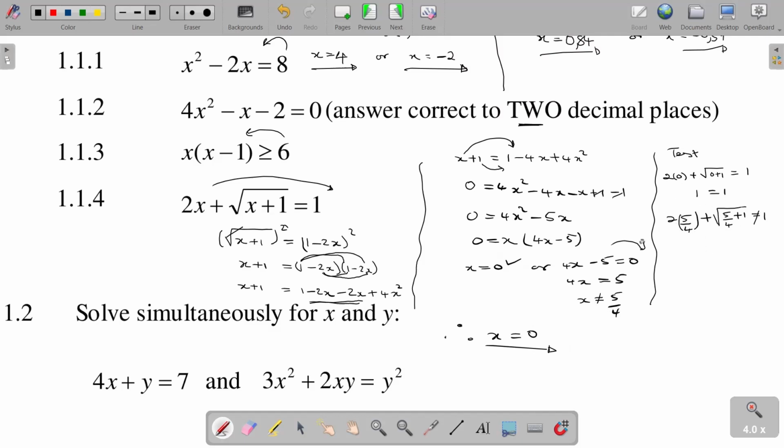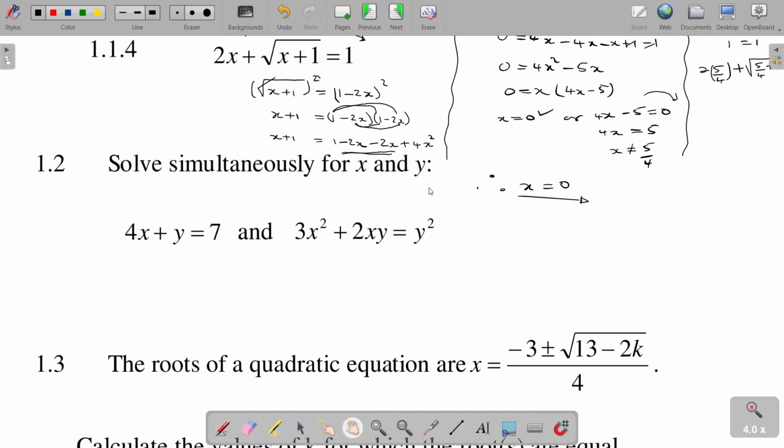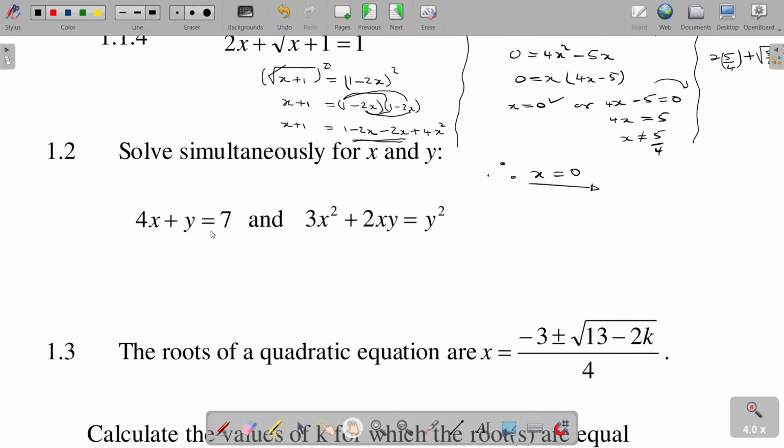Then we move to the next question, which is a simultaneous equation. If we check, this is the simultaneous equation, question 1.2. So this is our equation 1. Then this is our equation 2. We are going to use the substitution method. So we formulate equation 3 using equation 1 by making y the subject of the formula.